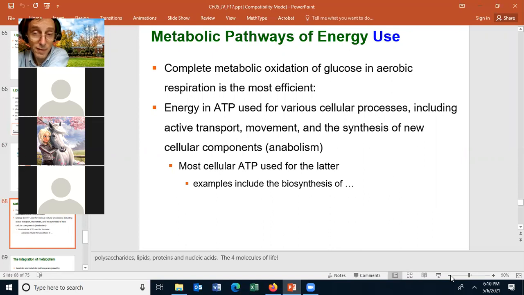An example would be the biosynthesis of large molecules like polysaccharides, lipids, proteins, and nucleic acids, the 4 molecules of life. And this we call breaking down our food molecules, especially glucose, but anything we eat, and then sending it through aerobic respiration. We call that anabolism for generating ATP.